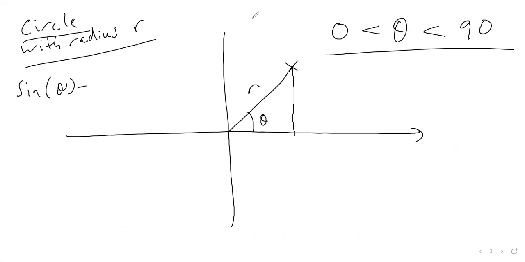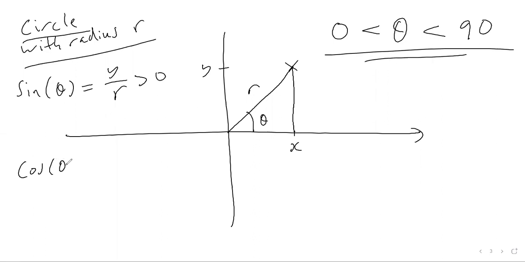Sin theta is opposite, so if I call this the y coordinate and that the x coordinate, sin theta is going to be opposite, the y value, divided by the hypotenuse, the r value. So this is positive, greater than 0 when theta is between 0 and 90. Now think about cos. Cos is, in this case, the adjacent, x, divided by the radius, and again this is greater than 0.